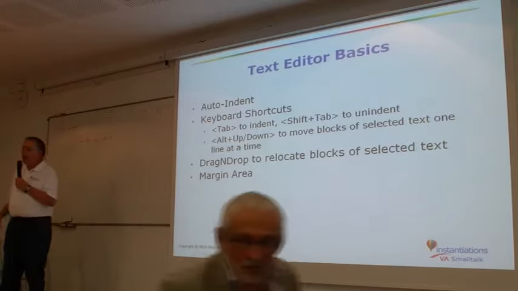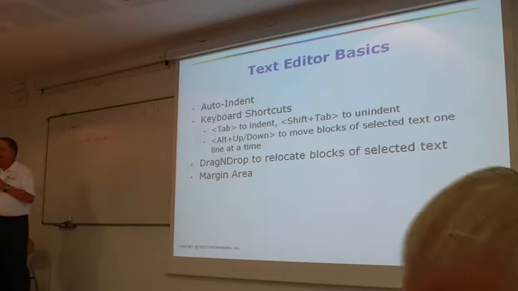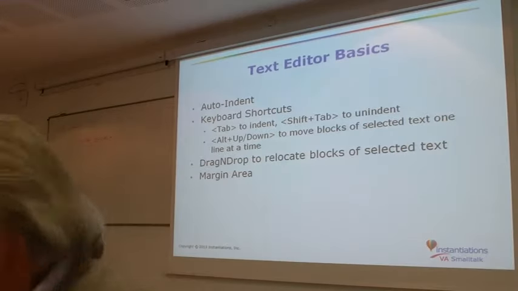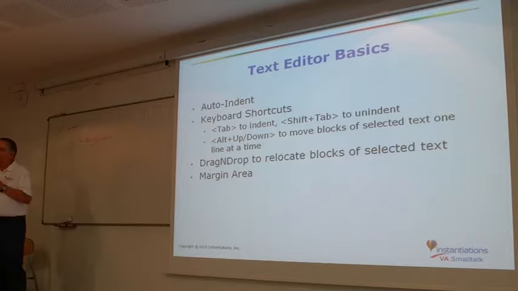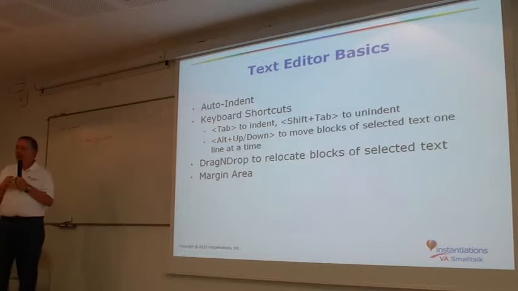Another thing that Scintilla brought to the table for us was auto indent capability as you are doing, for example, blocks, and you want to indent the content of the blocks on separate lines. It happens automatically.